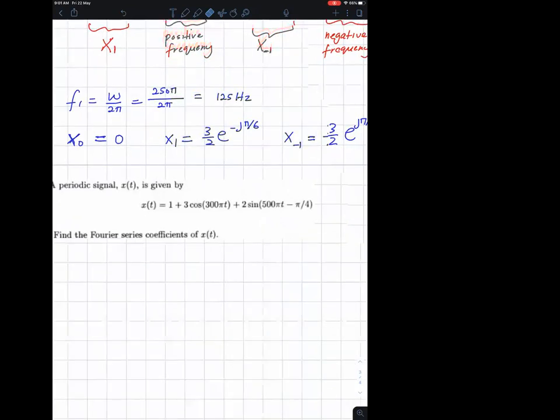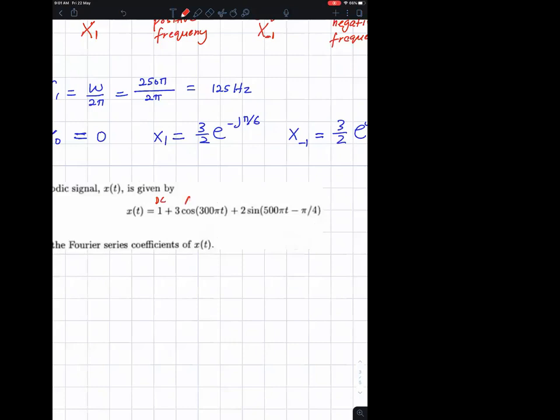This is a DC and this is AC with an amplitude 3 and the frequency 300 pi. And this is also AC with an amplitude 2 and 500 pi frequency. This doesn't have, there's no phase shift.